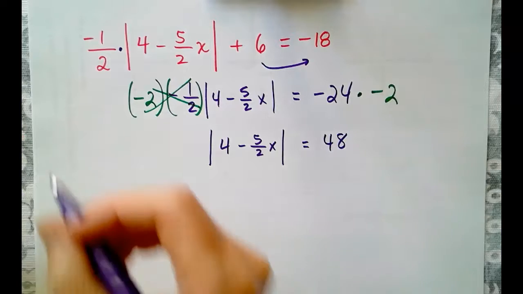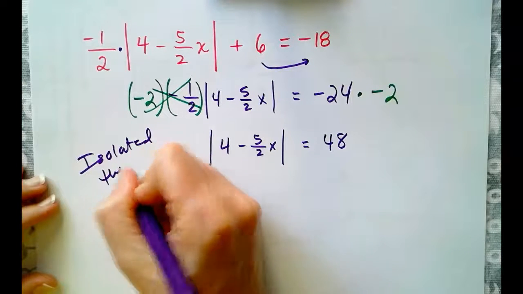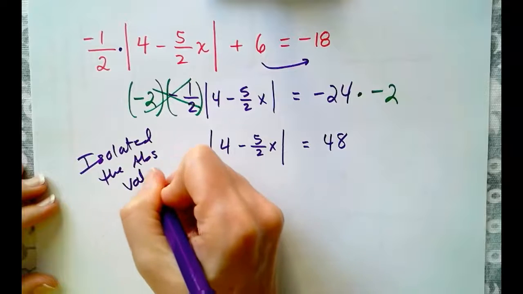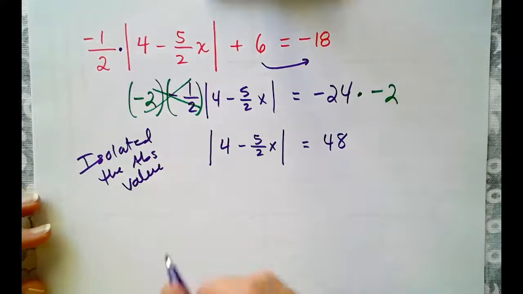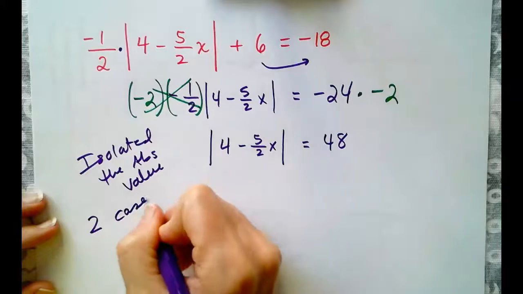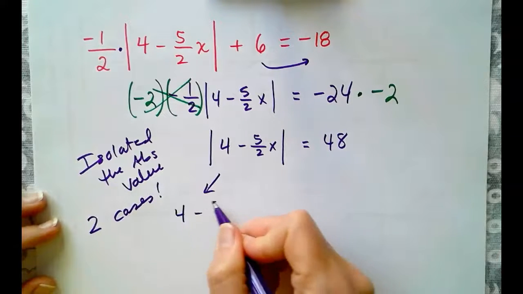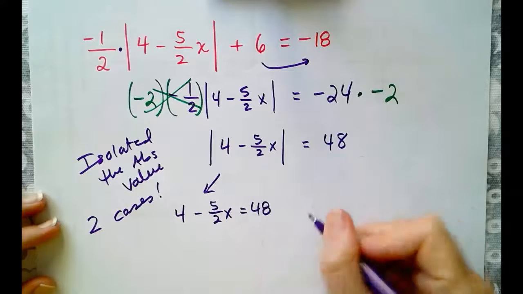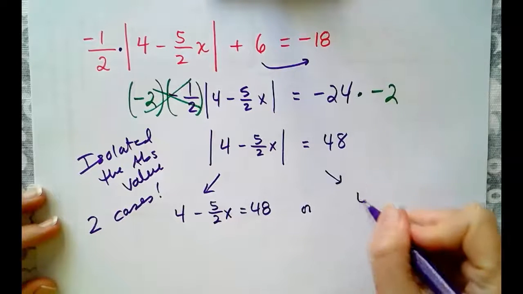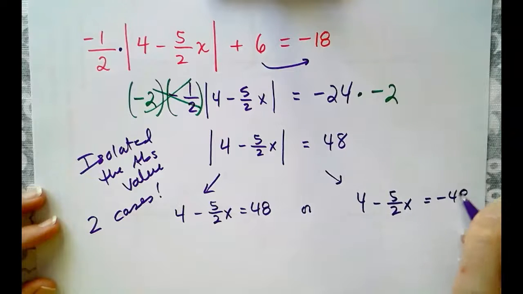So we have isolated the absolute value, and now we are going to set up our two cases. So 4 minus 5 halves x equals positive 48, or 4 minus 5 halves x equals negative 48.